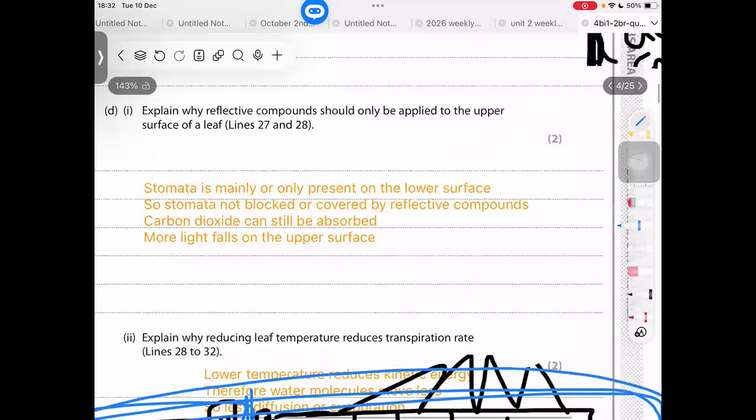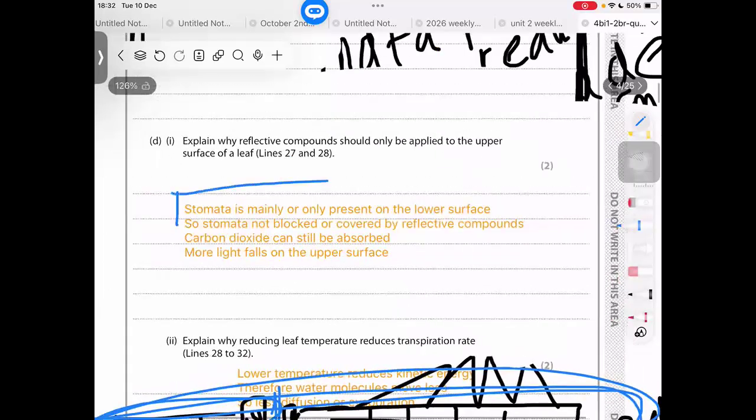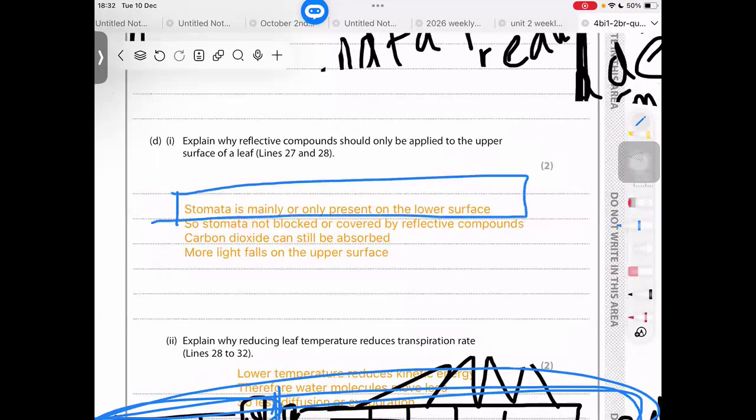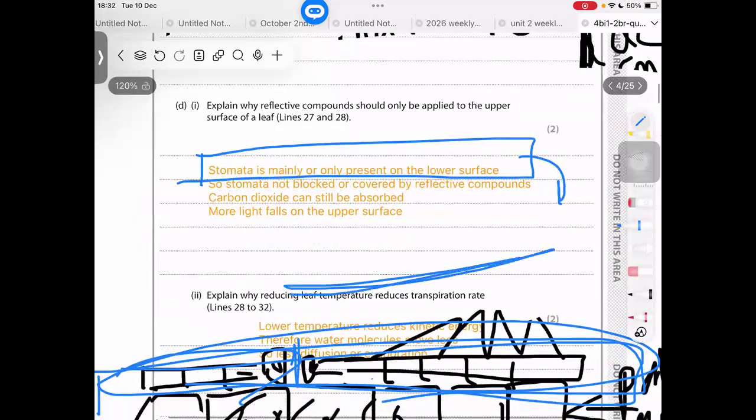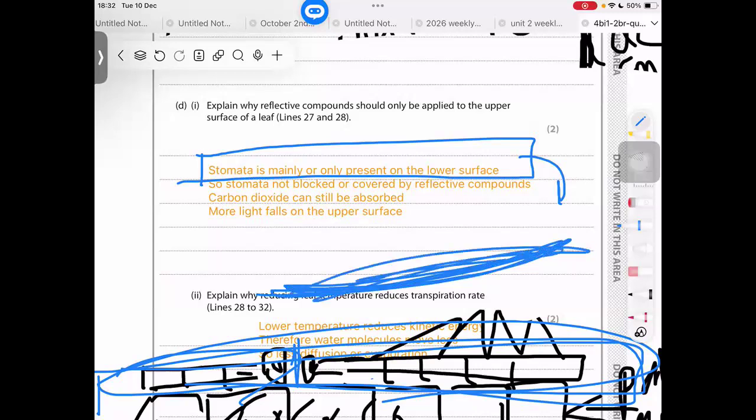Here they have said the answer should contain: stomata is mainly or only present on the lower surface, right? Next point should be stomata is not blocked or covered by the reflective compounds. So basically, when you apply the layer of coating onto the upper surface, the lower surface stomata is not blocked by the reflective compounds. Therefore, still carbon dioxide will be absorbed, right?